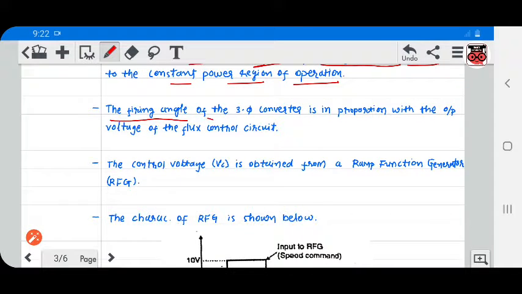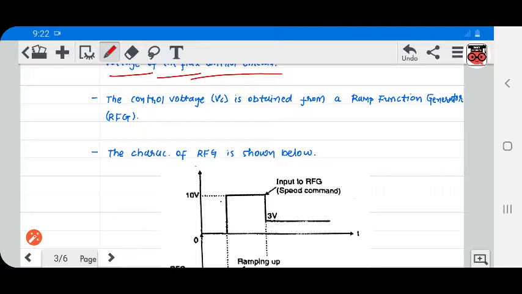The firing angle of the three-phase converter is in proportion with the output voltage of the flux control circuit. The control voltage Vc is obtained from a ramp function generator, that is RFG.